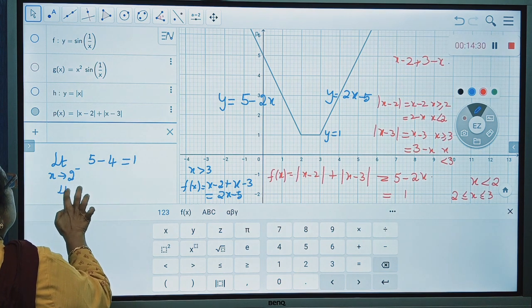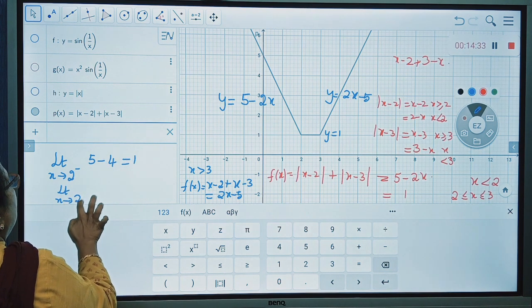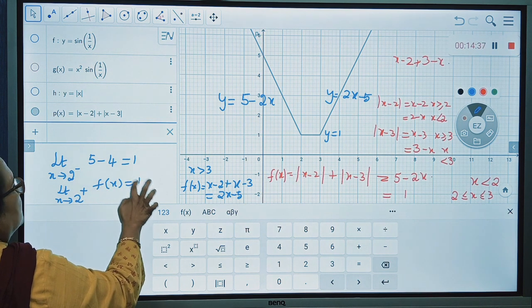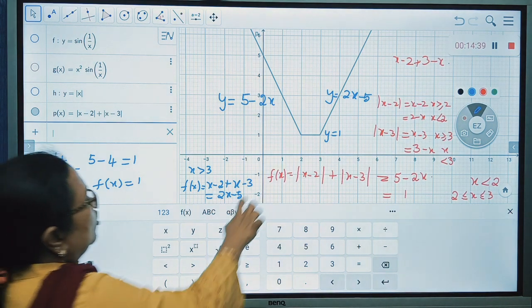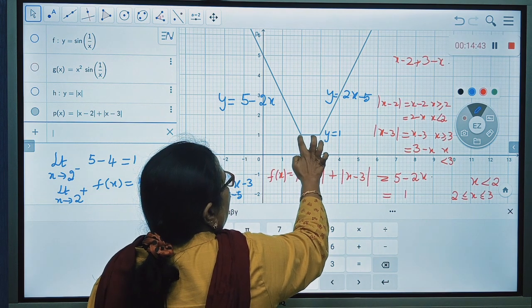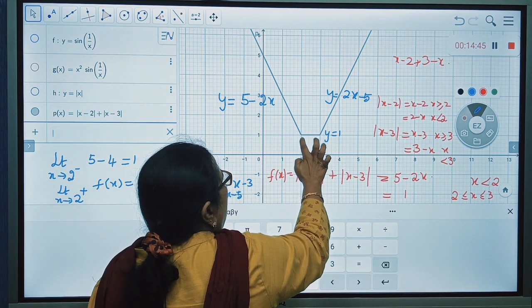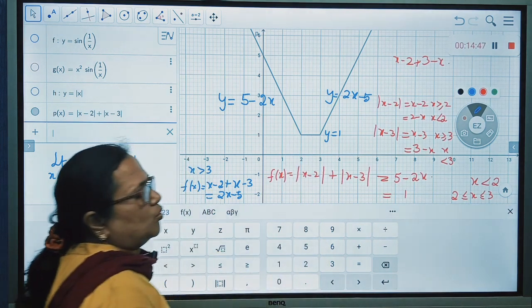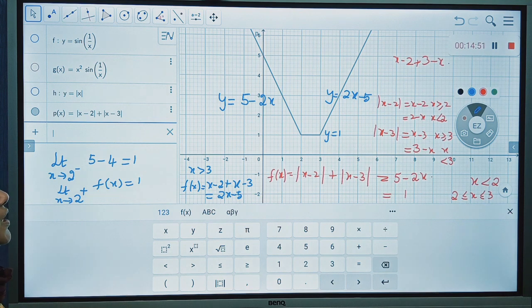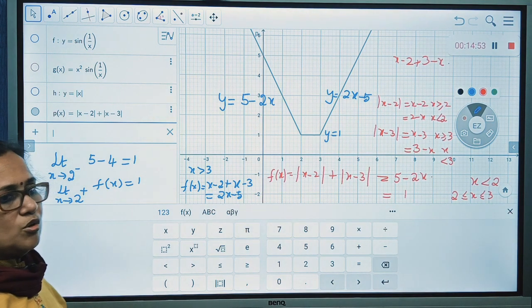What is the limit as x tends to 2 plus of f of x? That is 1. So when x equals 2, the limit is 1. Very close to 2, if you take a small neighborhood, that is again close to 1. So the value of the limit is 1, and the value of the function at x equal to 2 is also 1.